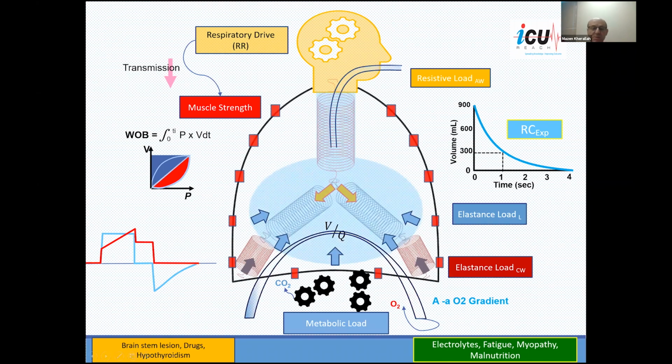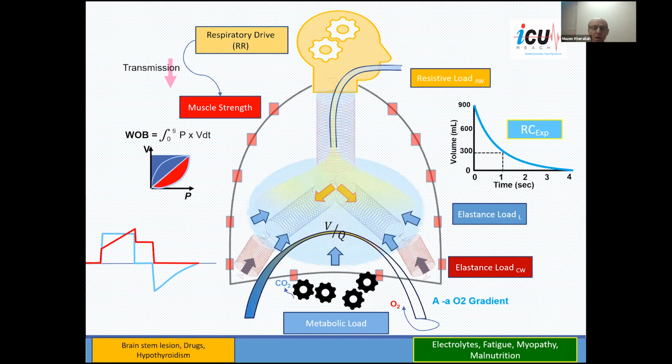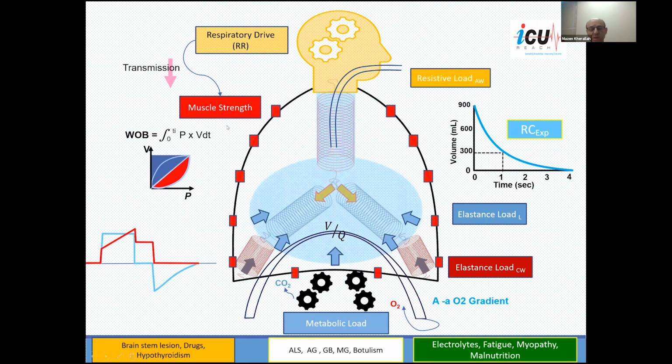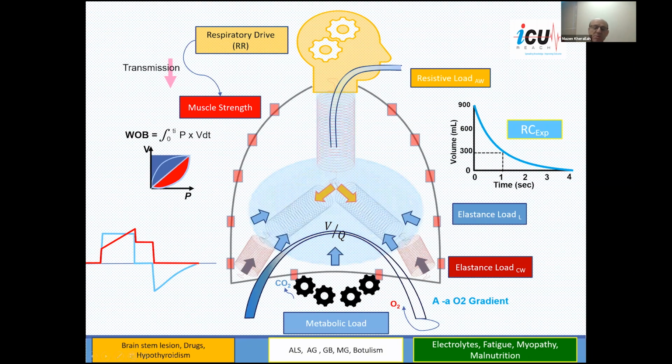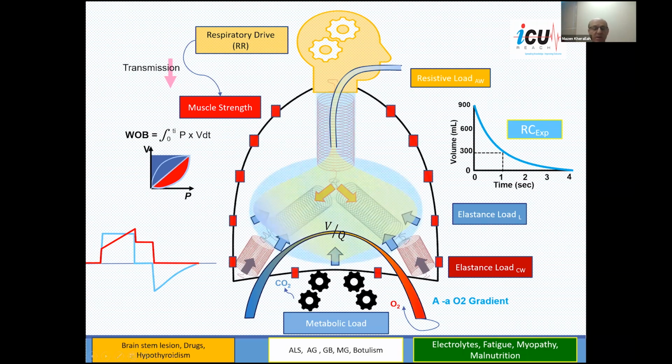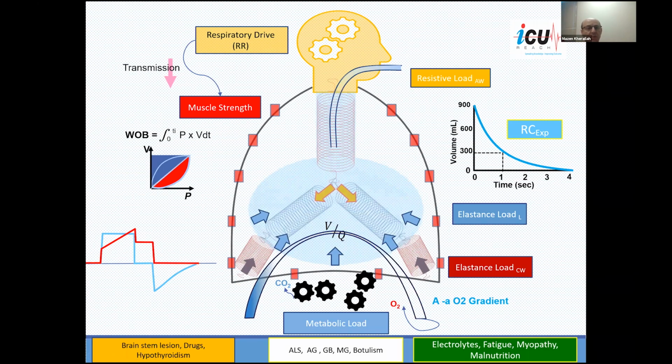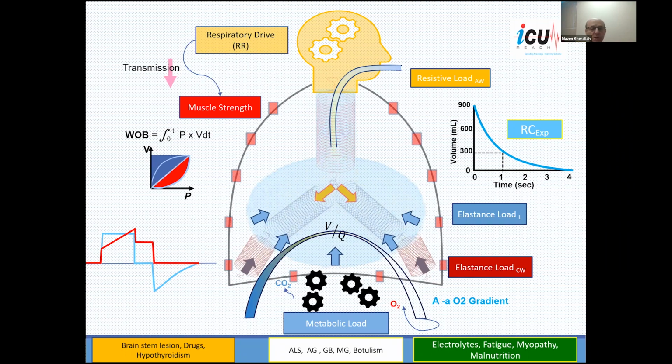Patients getting fatigued. Patient has myopathy, or there's malnutrition, or it could be in the transmission between the respiratory drive and the muscles themselves, such as patients with Guillain-Barré, myasthenia gravis, botulism, aminoglycoside use, or ALS.